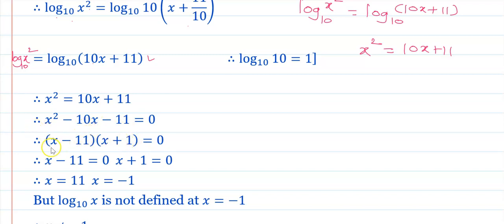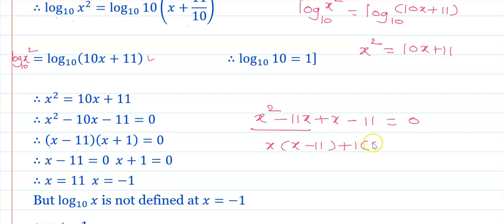Therefore the factors are x minus 11 in the first bracket, and x plus 1 in the second bracket. You can write one more step here: minus 11x plus x minus 11, and that's equal to 0. Take x as common, then in bracket x minus 11, take 1 as common, then in bracket x minus 11, and that's equal to 0.